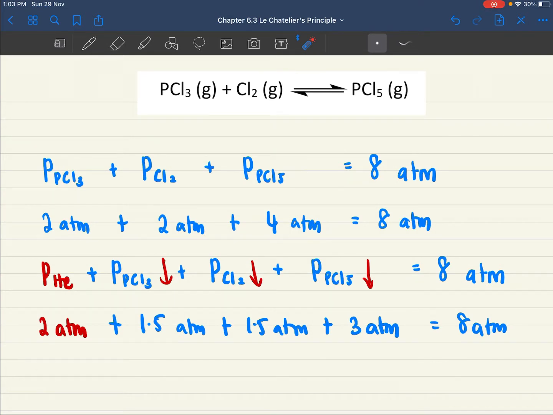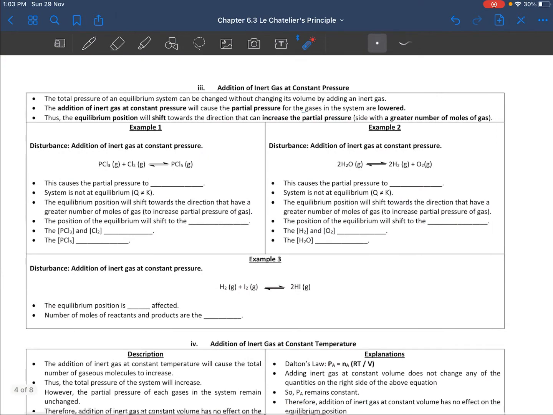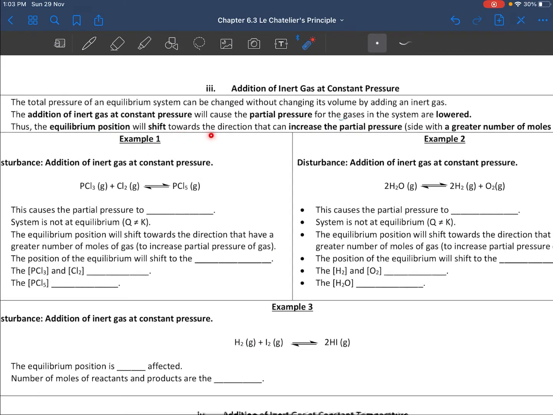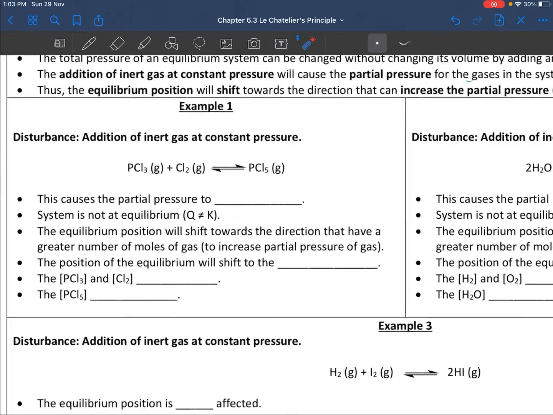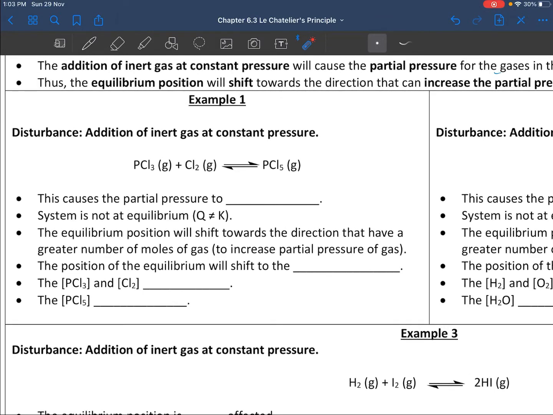Okay, so now kita dah faham partial pressure tu berkurang. So next, we need to think how to increase the partial pressure. Okay, so to increase the partial pressure, the system will shift to the direction that has greater number of mole of gas. Okay, so keep that in mind and let us try example 1.